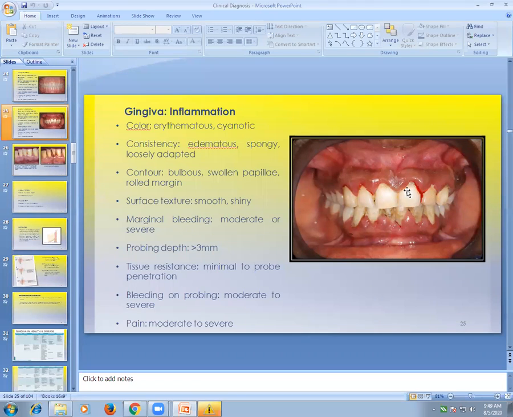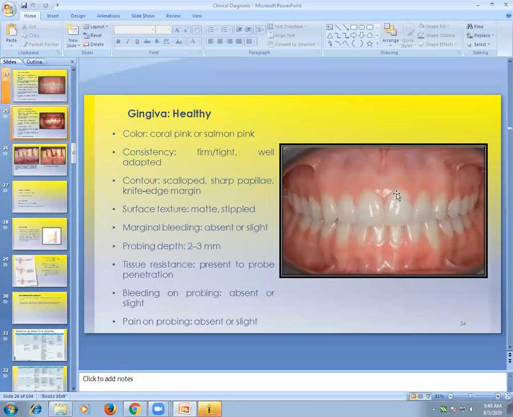After the three C's and three S's are over, now one P is there, that is position of gingiva. The normal position of the marginal gingiva is coronal to the CEJ. Most of the time in normal physiologic condition, the gingival margin is always coronal to the CEJ. But in inflammation, sometimes recession is there.